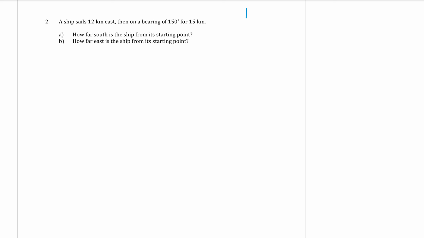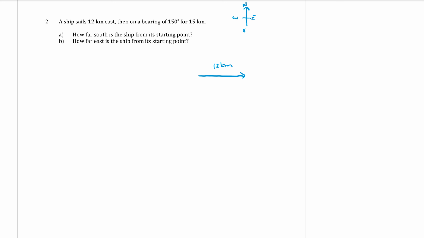Now, if you need to, you can draw yourself up a little compass up here, north, south, east, west, just to get all your directions that you need. So east, 12 kilometers east. I'm going to draw a line going that way for 12 kilometers. All right, then it travels on a bearing of 150 degrees for 15 kilometers.